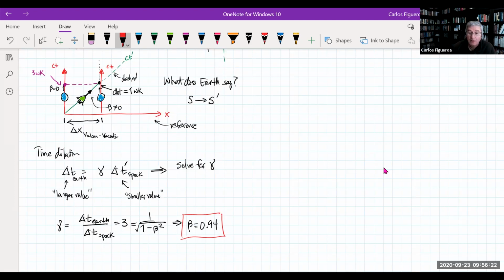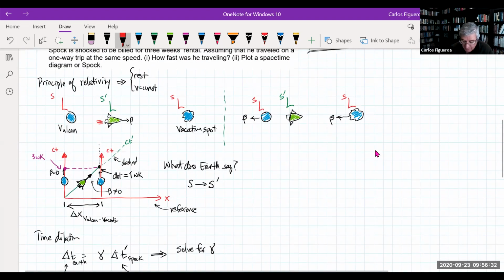But I could draw the space-time diagram for the other scenario here. Note that this picture is quite different. What I do here, and most textbooks don't do that, is actually switch my CT and CT prime. So now the only frame that I care about is the frame of the rocket.